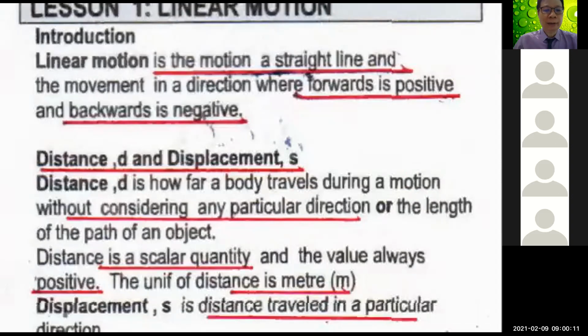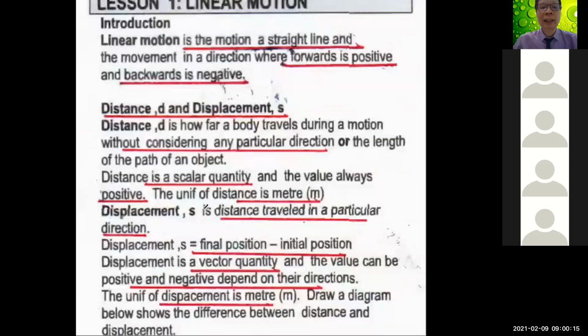Whereas displacement, the symbol is s. It is also a distance, distance traveled in a particular direction. So they emphasize direction: distance plus direction, both. That is called displacement.